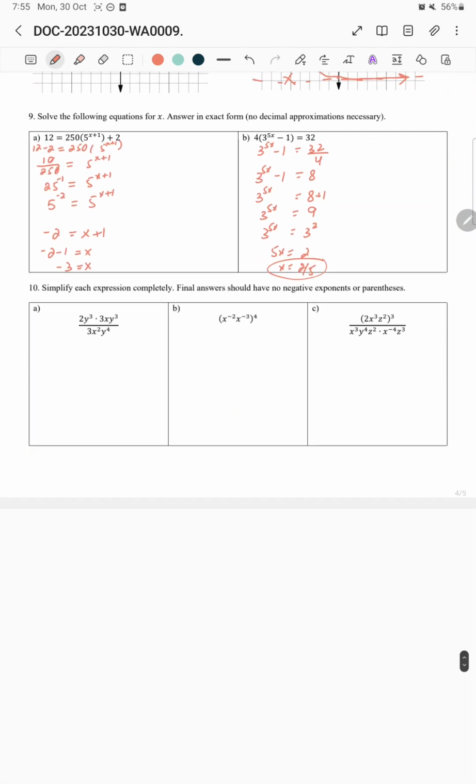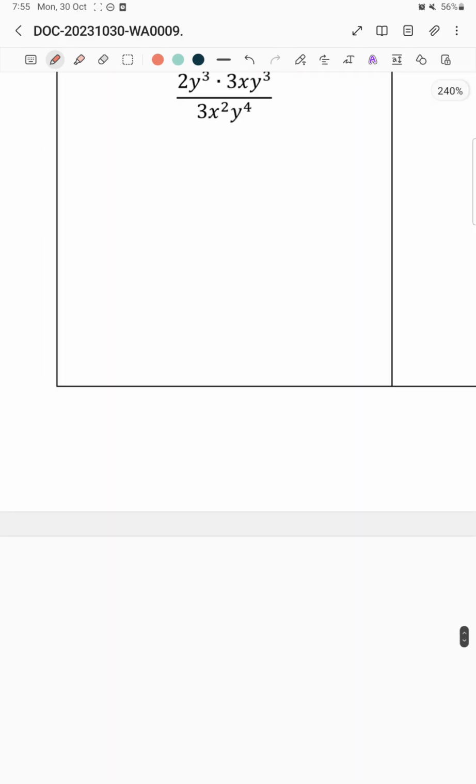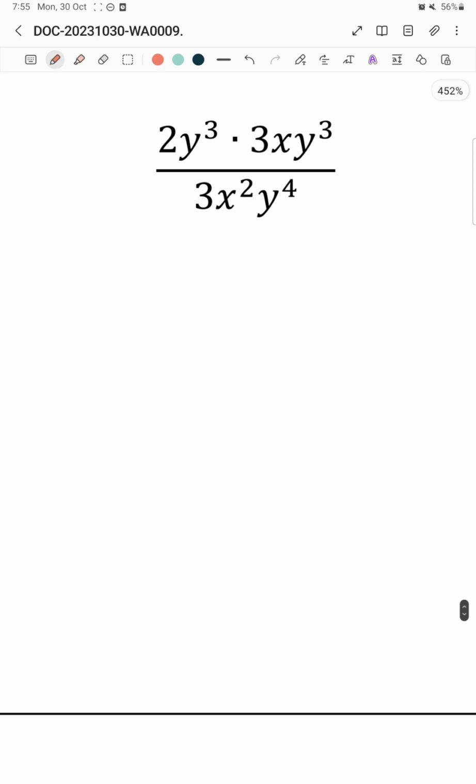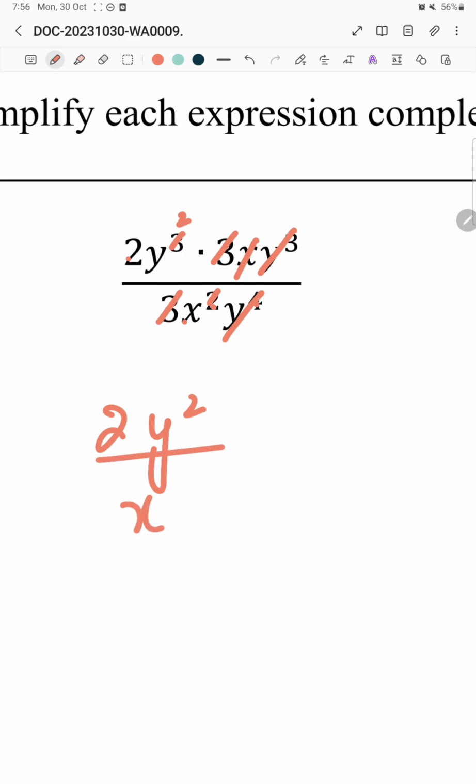Okay, simplify each of the following completely. Here it is x to the power 2, here x to the power 1, y to the power 4, so 3, and it will become 2. So it's going to be 2y square over x.